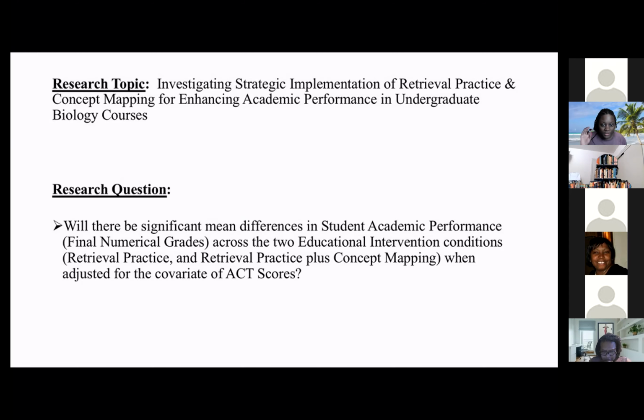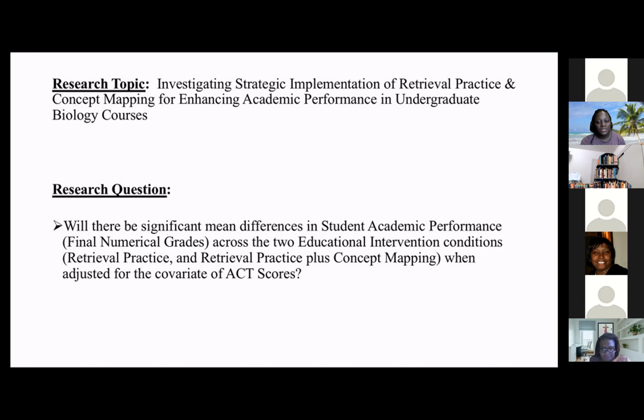I have 2 points. One is that additional demographics as variables for your research questions would be beneficial, especially a gender variable. When you see what students self-identify as, there could be a difference in academic performance based on these educational interventions.